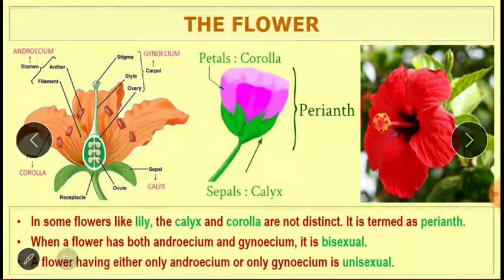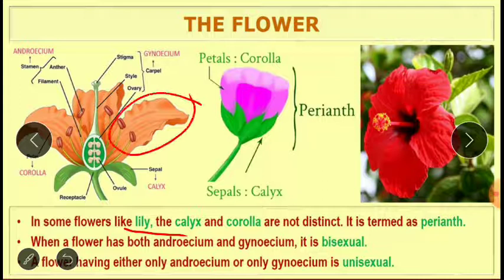Here we can see that in some flowers like the lily, or your onion, you cannot differentiate between the petals and the sepals. Sepal is the green colored bundle which is present below the petals.